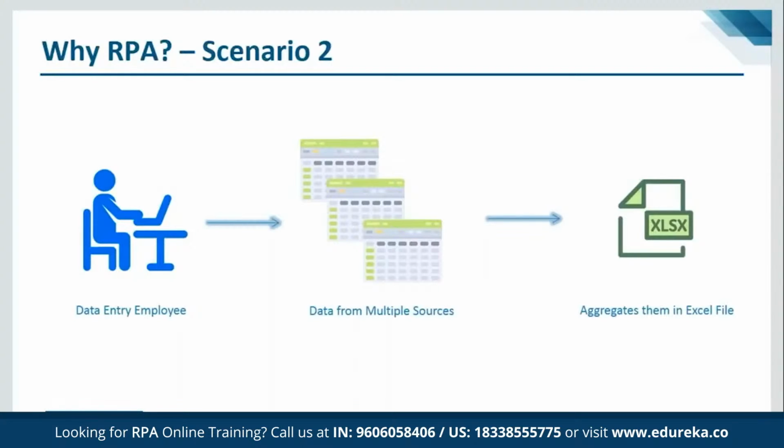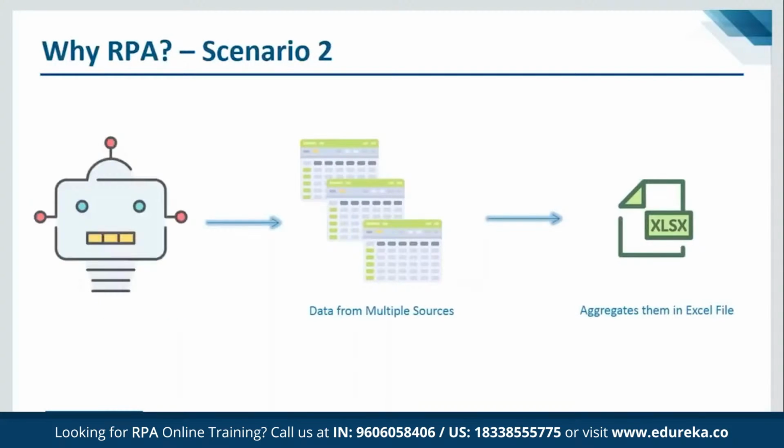What if we can tell our computer to do those same tasks and get the same job done? Then we are automating the task by making use of a robot, a machine or an RPA tool. And now our tasks become faster, more robust, more accurate, etc.